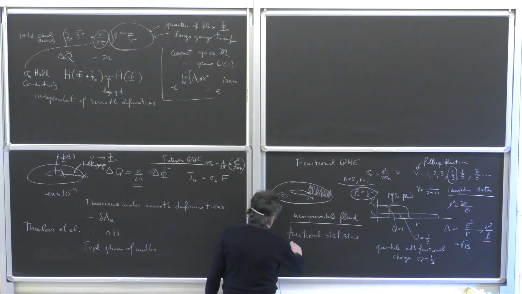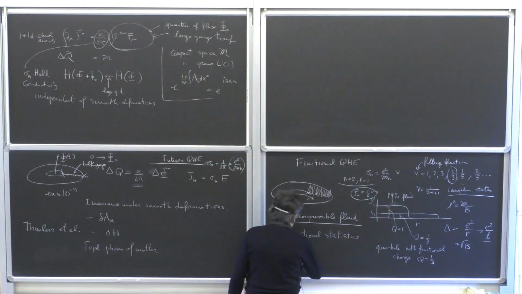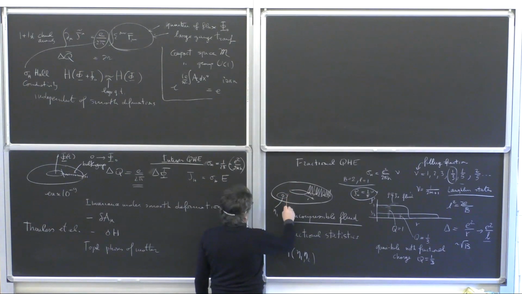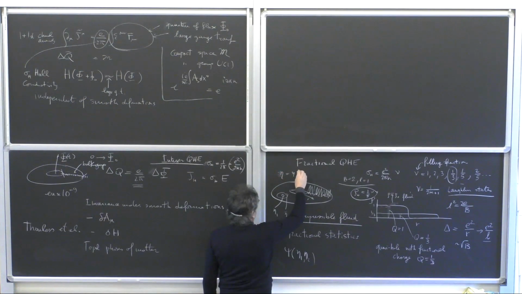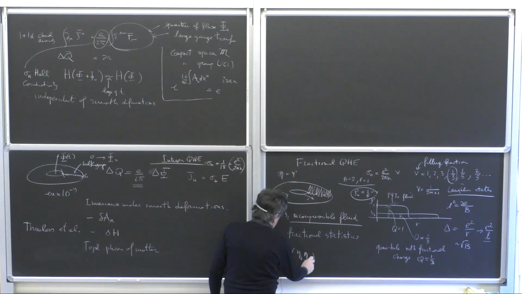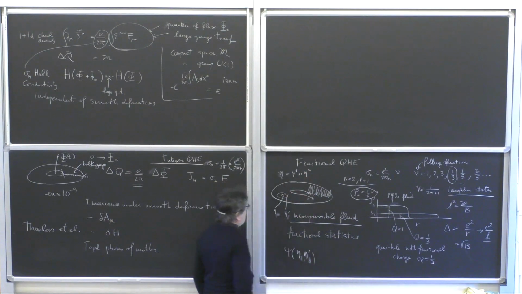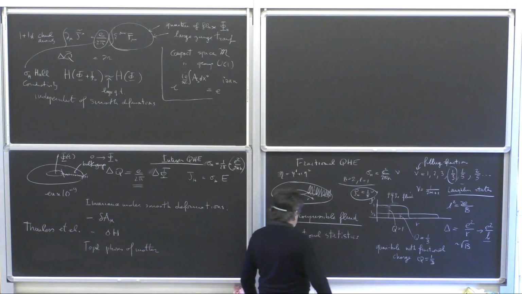So the wave function for positions eta and eta prime, where eta is eta 1 plus i eta 2, a complex coordinate in the plane, is an analytic function.